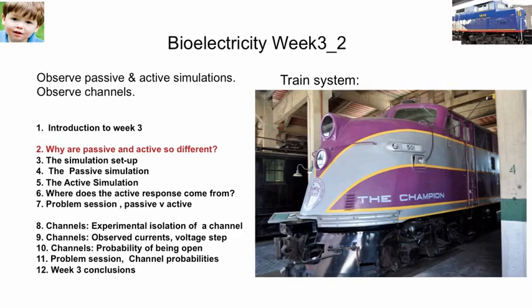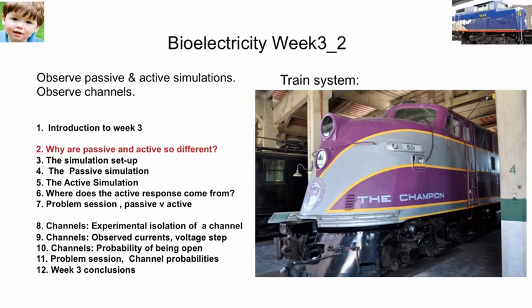So first in the segment 2, we're going to discuss why are passive and active so different. And the first thing to do here is to discuss exactly what the words mean.